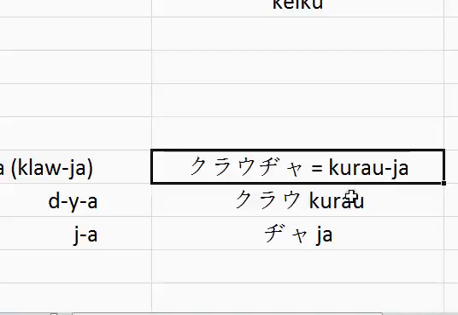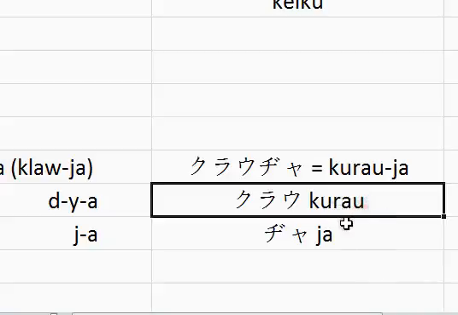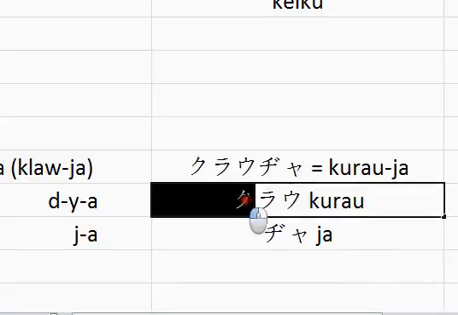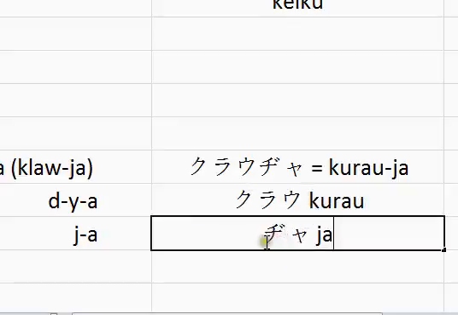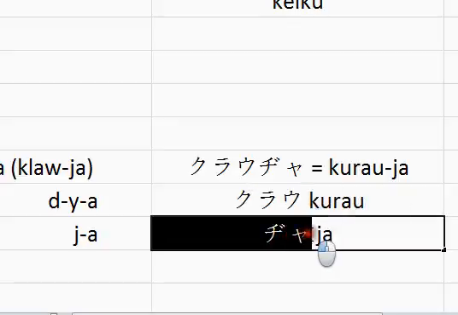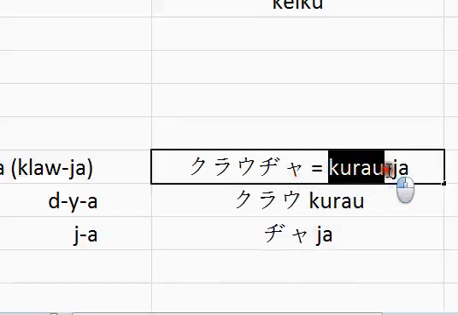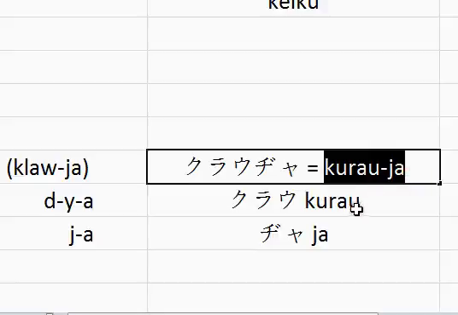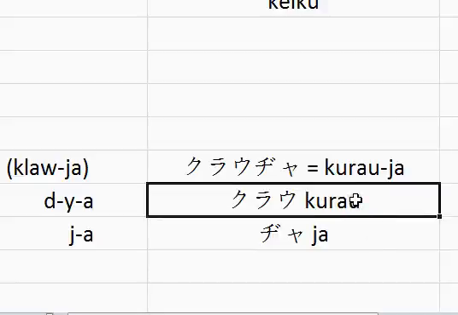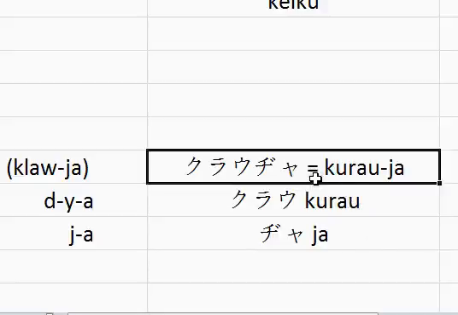Since we have two syllables, we have the sounds for ku, ra, u, and the second syllable is ja. So when you say the name, it's kurau ja, kurau ja. I don't know if that's how Japanese would say it, but it's almost getting there.